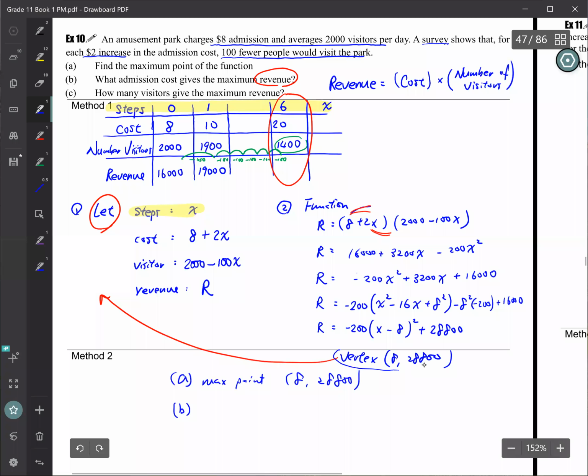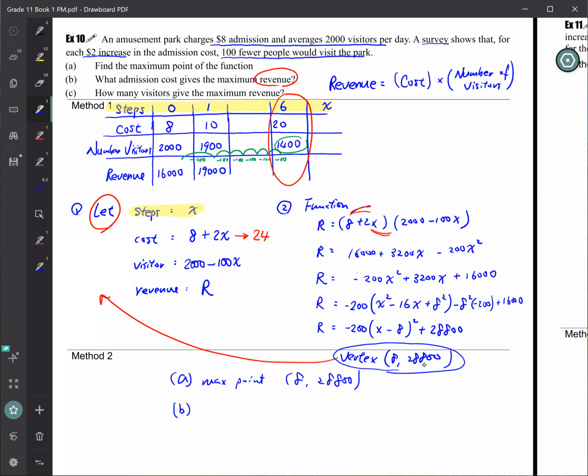So how do we use the vertex to help us answer the question now? You plug it in. Okay, into where? 8 plus 2x. Okay, so what would that give you? 8 plus 16, which is 24. So what's the meaning of the 24? 24 is the admission cost that gives you maximum revenue.